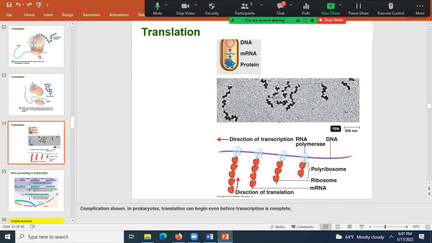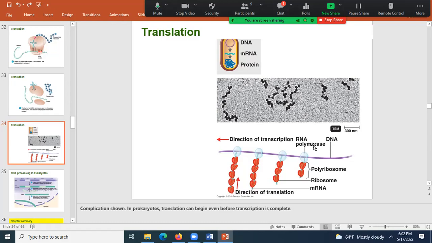One polymerase can make one messenger RNA, but you can have another polymerase bound to that same gene making more messenger RNAs. Okay.